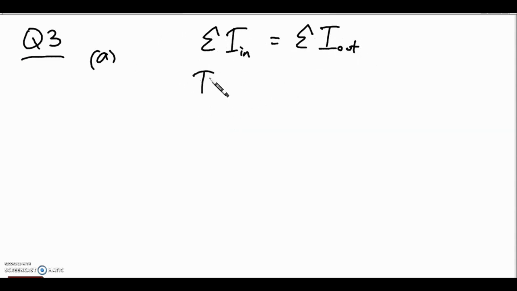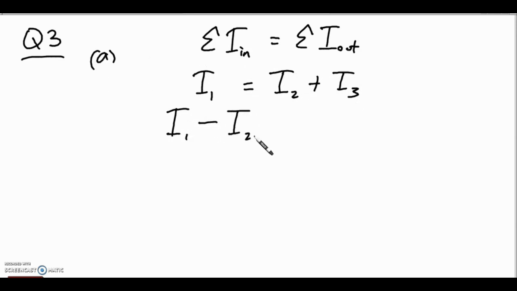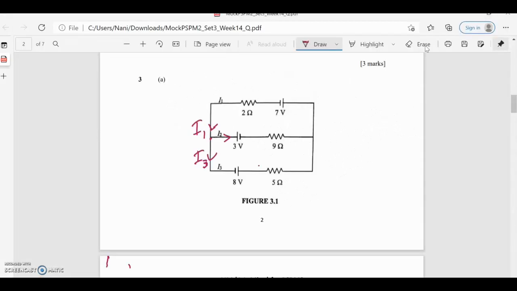So into the junction is I1 and out of the junction is I2 plus I3. We can rearrange that, it becomes I1 minus I2 minus I3 equals 0. Let's leave that as equation number 1.